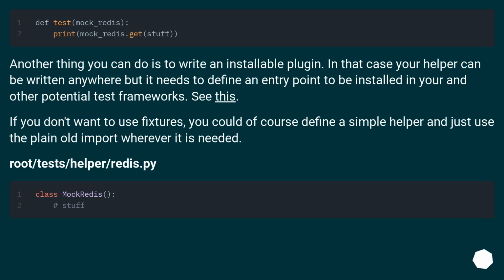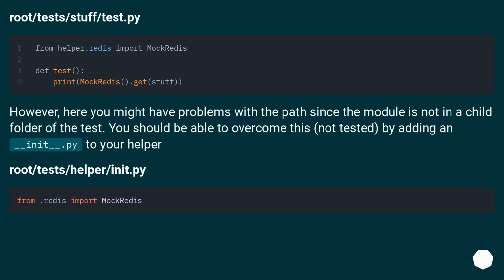See this. If you don't want to use fixtures, you could of course define a simple helper and just use the plain old import wherever it is needed. root/test/helper/redis.py. root/test/stuff/test.py.